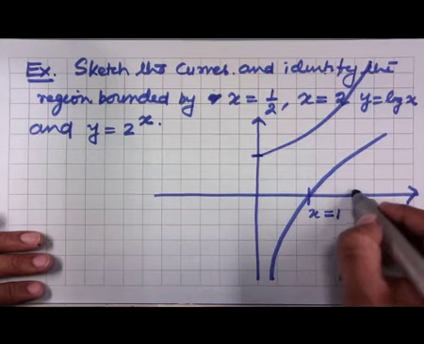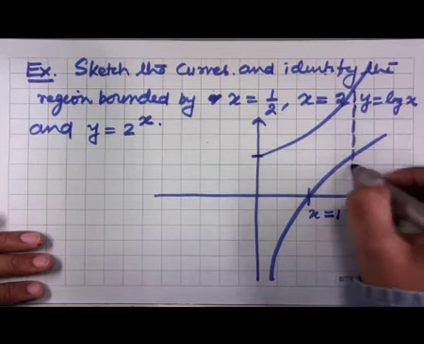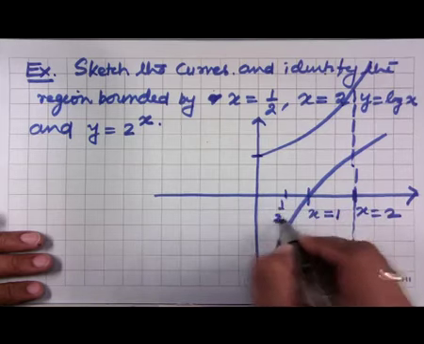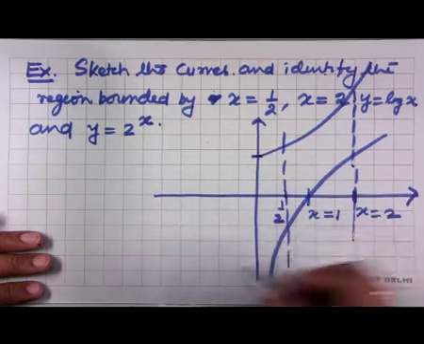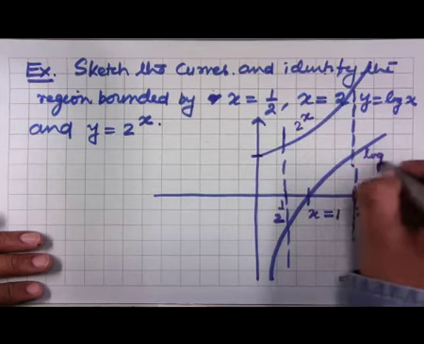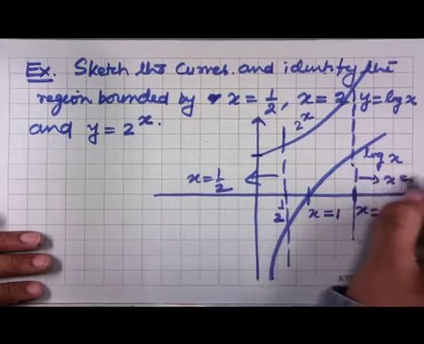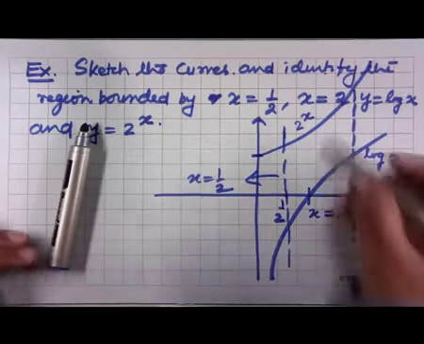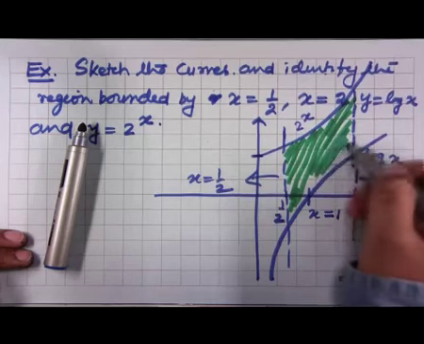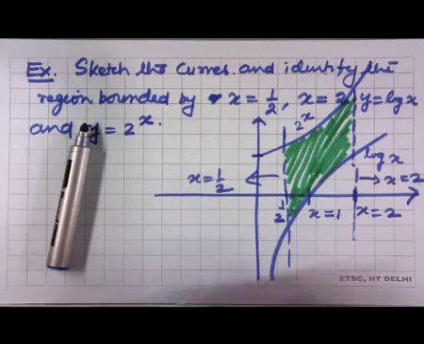Say this is x equals 2, and x equals half is somewhere here, so this is your half. So this curve is 2 to the power x, this is log x, this is x equals half, and this is x equals 2. So this is your region of integration.